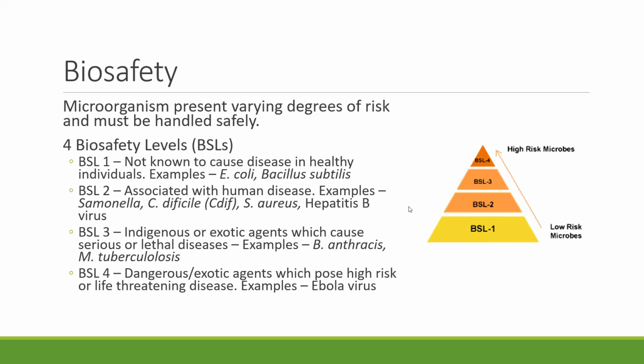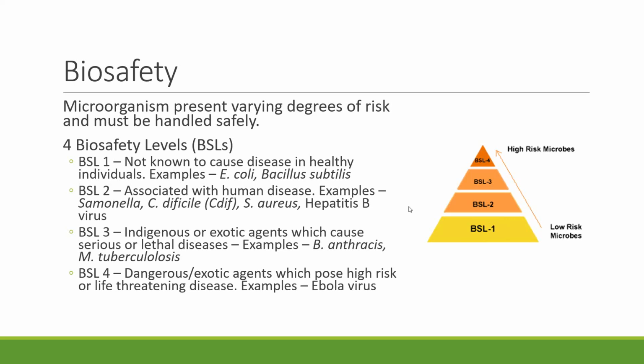Biosafety level 3 is high risk, and these are serious or lethal diseases, and you generally have to be certified to handle them, such as Bacillus anthracis and tuberculosis. Biosafety level 4 agents are only handled in approved labs. There are a very large number of safety measures, and you definitely have to be approved and certified to work with these, because they are very dangerous.